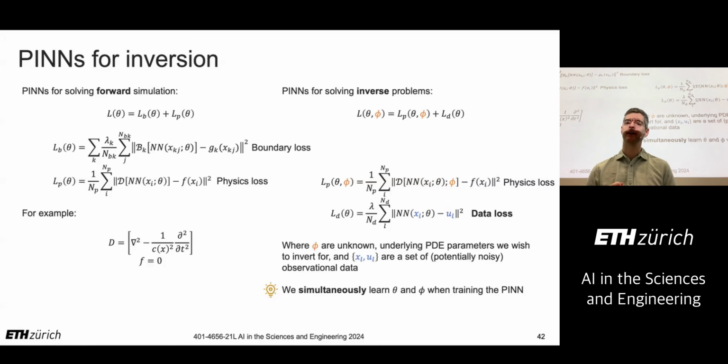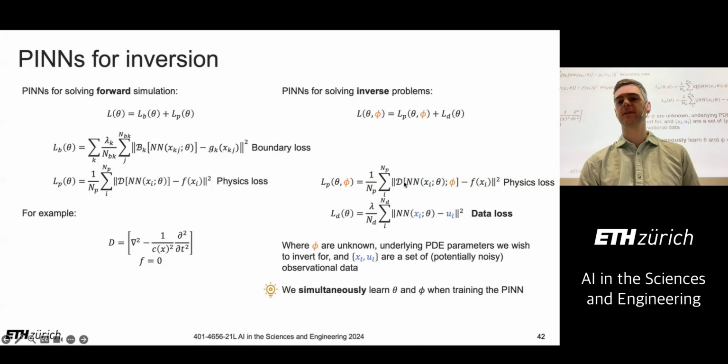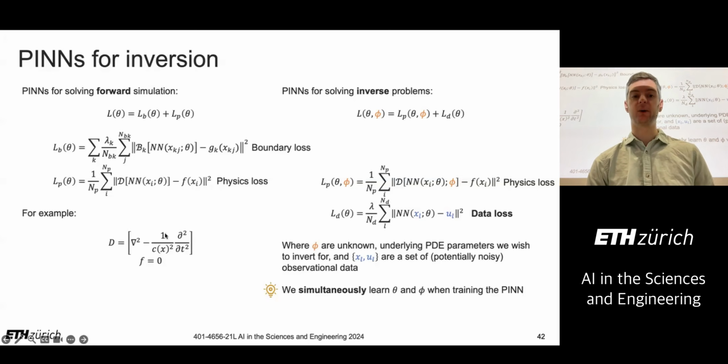Now, the one other key change we do is we say, okay, this differential operator has some underlying parameters that we want to try and invert for. For example, in the wave equation, it's this velocity model here, this C as a function of X. So to be able to solve this inverse problem and estimate what these are, the very simple trick is just to say, okay, these are just going to be extra free parameters that we're going to train inside of our global training algorithm when we're training the PINN.